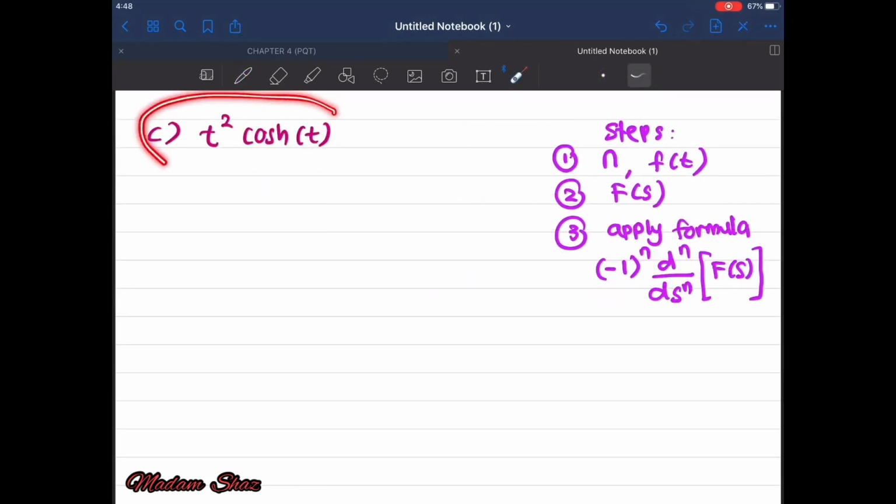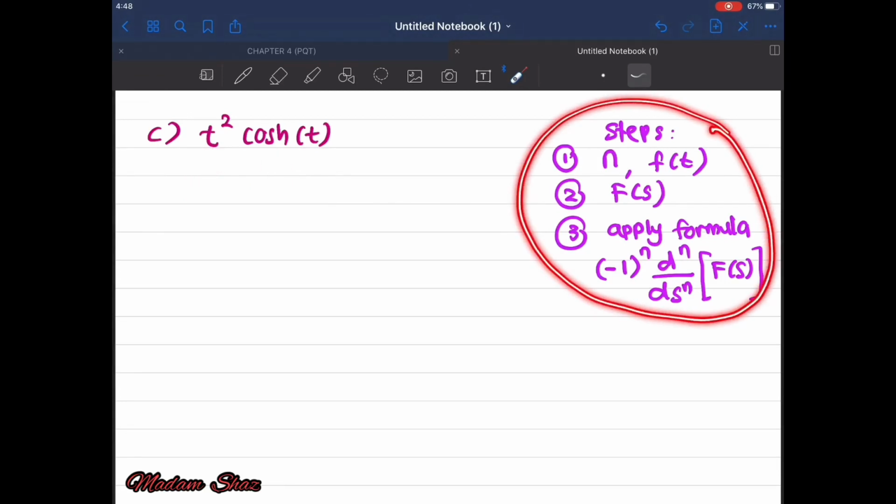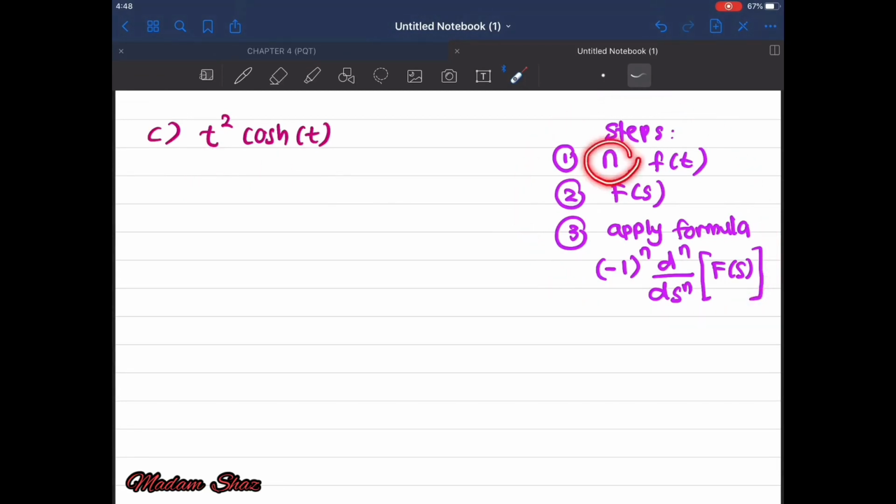Okay, for the last example, you have t square multiply with the hyperbolic cos of t. Cos h is the hyperbolic cos. So you have t the power of 2 multiply with the cos h, which means this one you have to solve by using multiplying by tn. Refer back to the step of the multiplying by tn. You have to determine your n and your new ft.